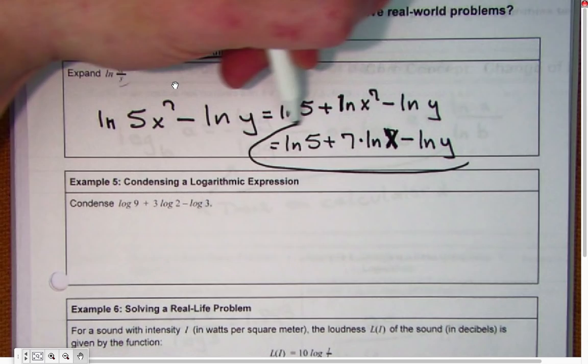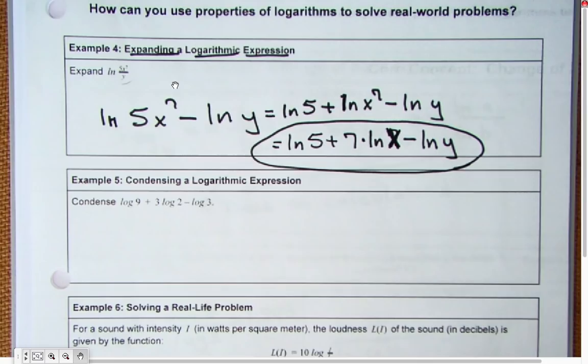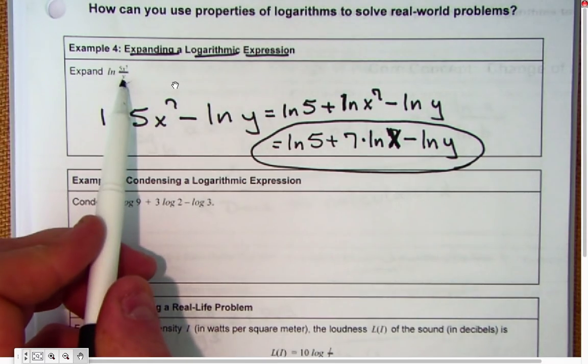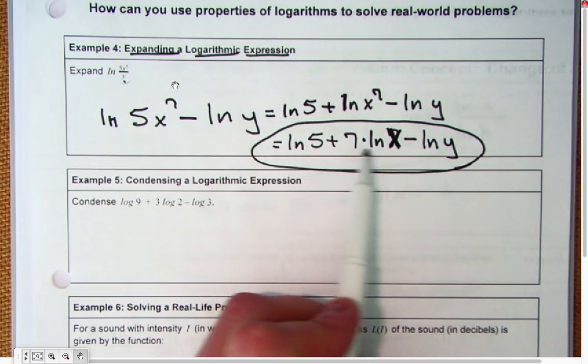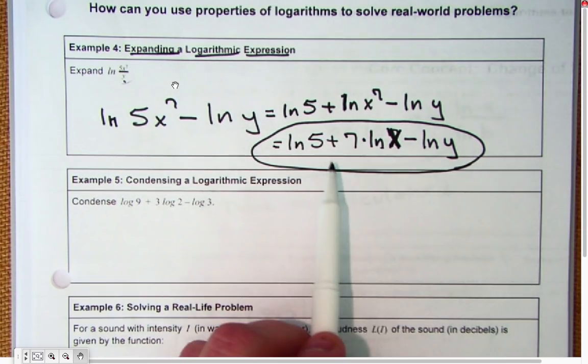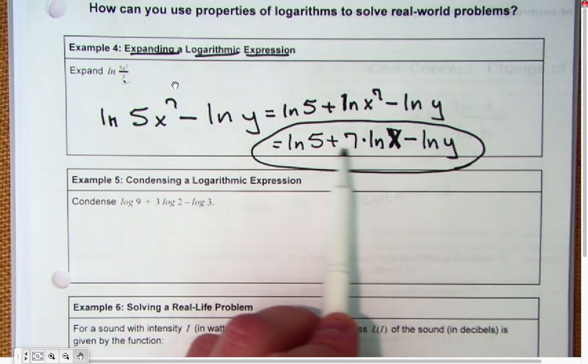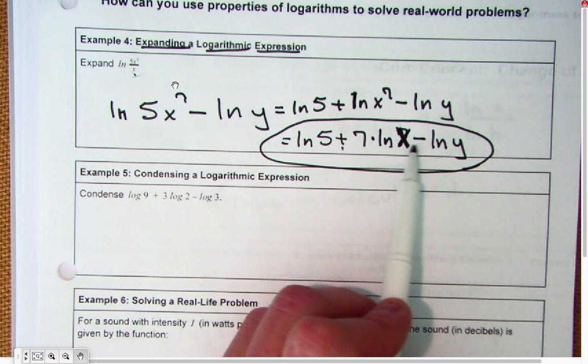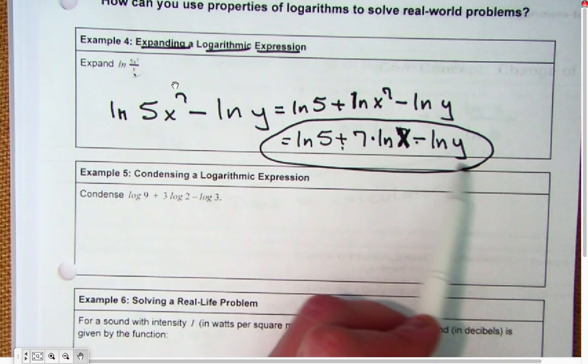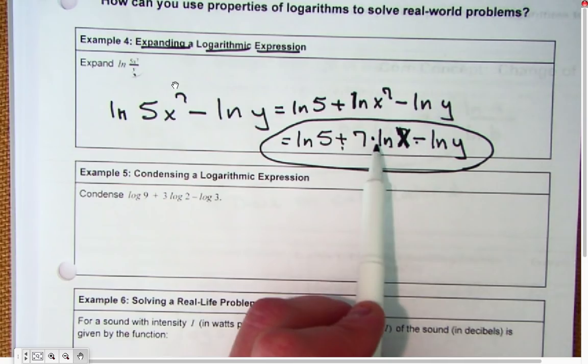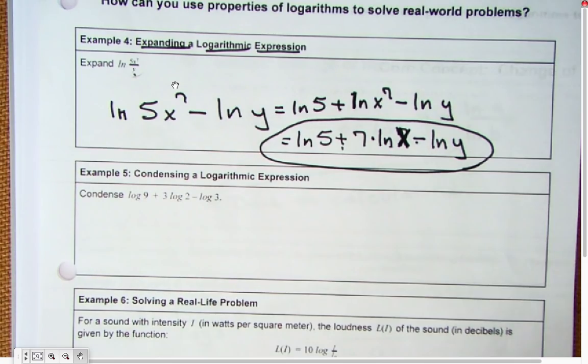And here's our final answer. Notice each thing is separated. We started with 5, x to the 7th, and y, and they're all separated into their own log. Since it was multiplication here, I put a plus, and since it's a division here, I put a minus. And notice that my exponents are moved out front.